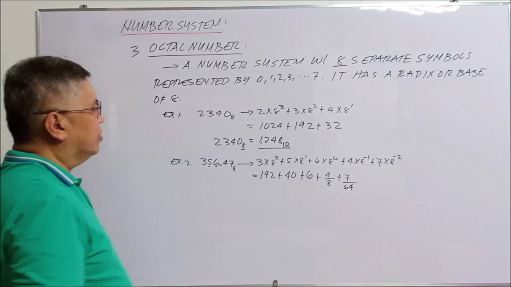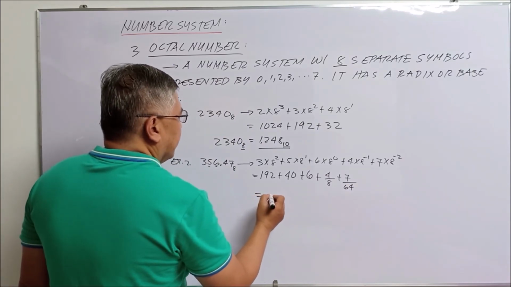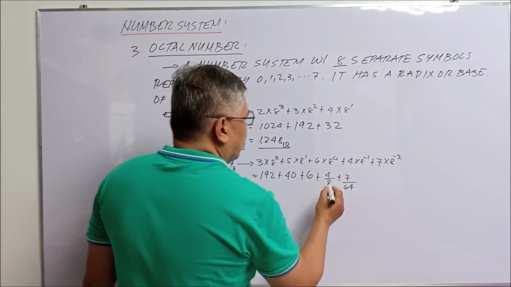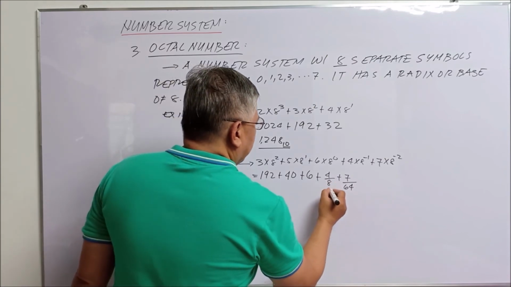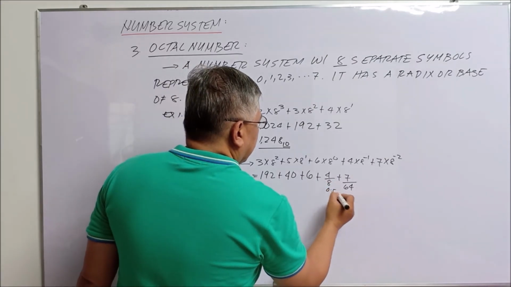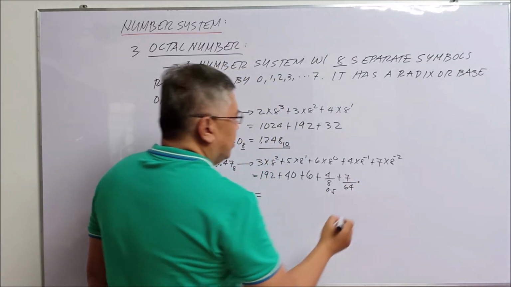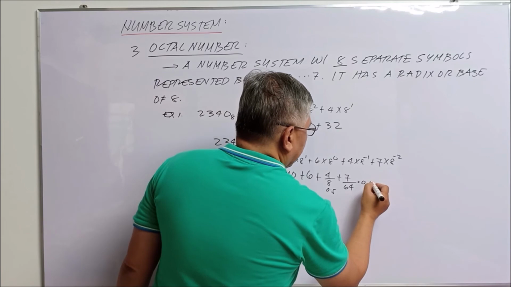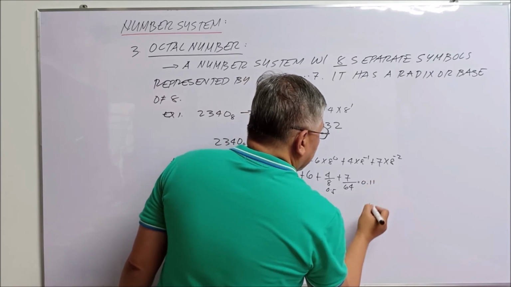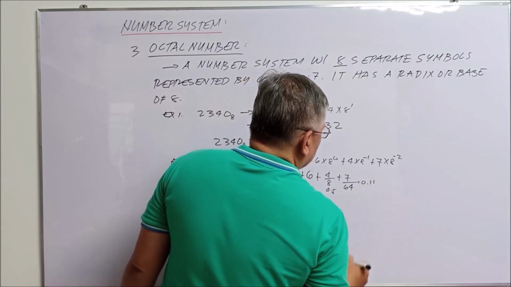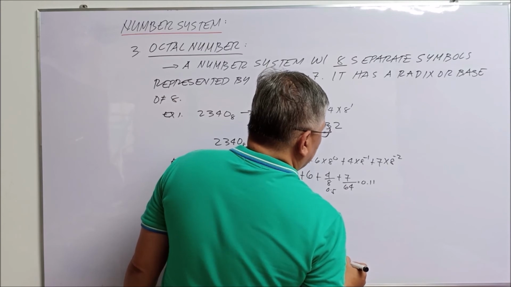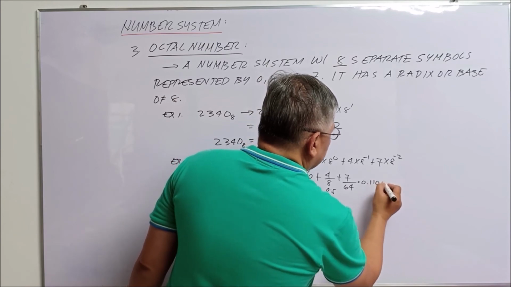What is 4 over 8? That is 1/2, that is 0.5. And this one here is 0.1109.